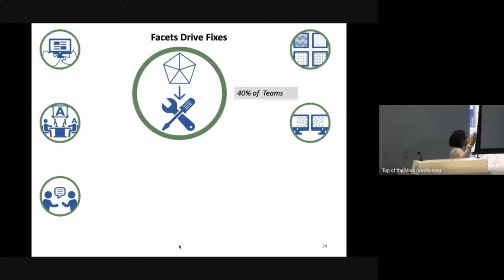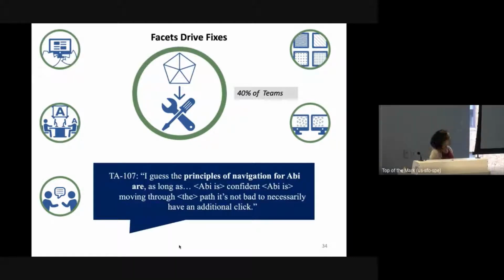Instead of saying, oh my goodness, I have 100% of my features having problems, or I have so many issues, one way to look at it is, okay, I know we want to help people who are not tinkerers. Let me take one particular facet and do the fixes based on that facet. So here, the facets also help you understand how Abby would use the tool.